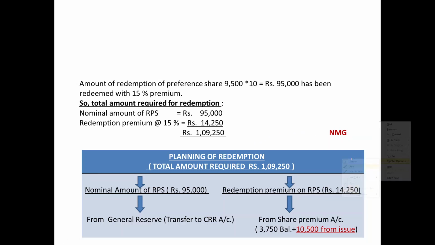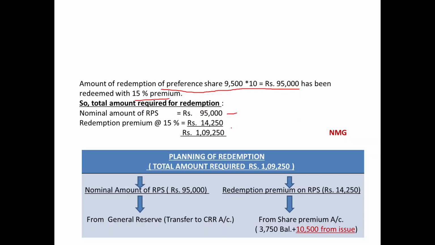As per our discussion in the last slide, amount of redemption of preference shares 9,500 into 10, 95,000. With 15% premium, this has been redeemed. So total amount required, nominal amount 95,000.